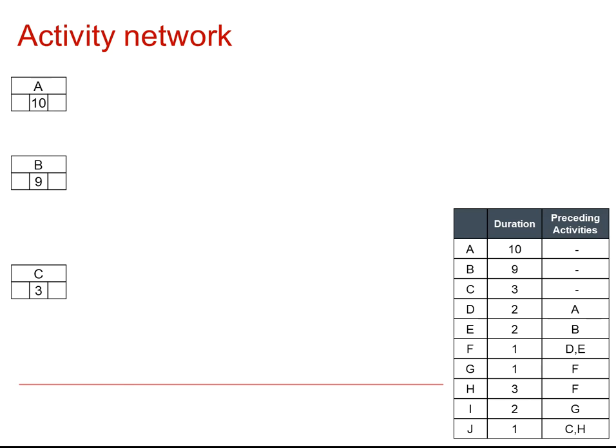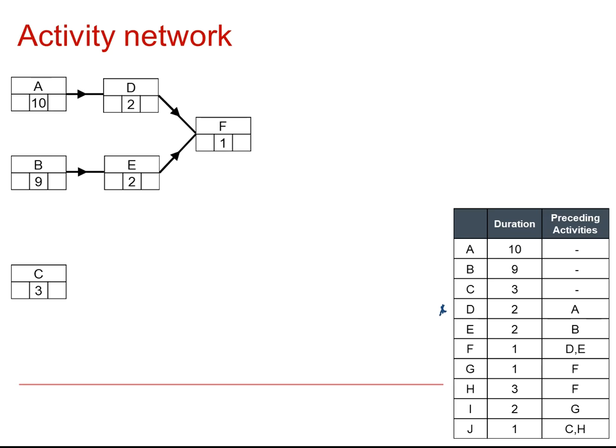The next part is D, and that has a precedence of A leading into it, so we'll have an arc going from A to D, and then the next one down, an arc going from B to E, and then F depends on D and E, so arcs coming from D and E into F.